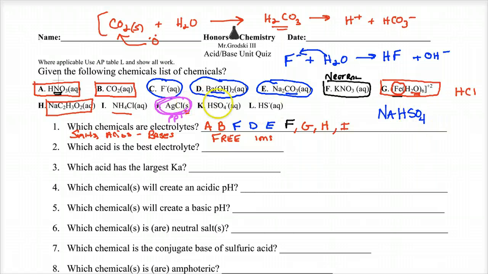And I would hope that you can recognize that this HSO4 is a conjugate base of H2SO4. H2SO4 is a strong acid, sulfuric. Sulfate, ate becomes ic, sulfuric acid gives off a proton to water, let's say, and it becomes HSO4 negative.